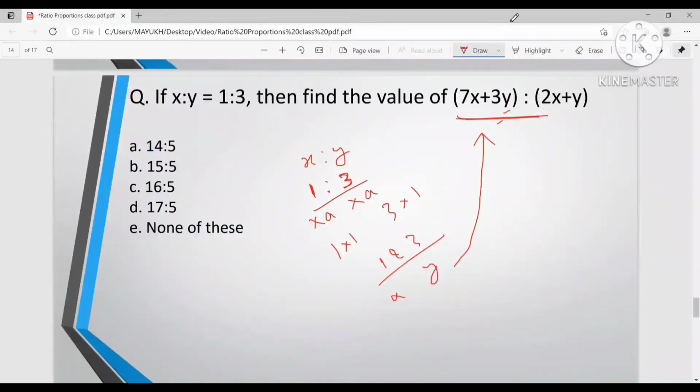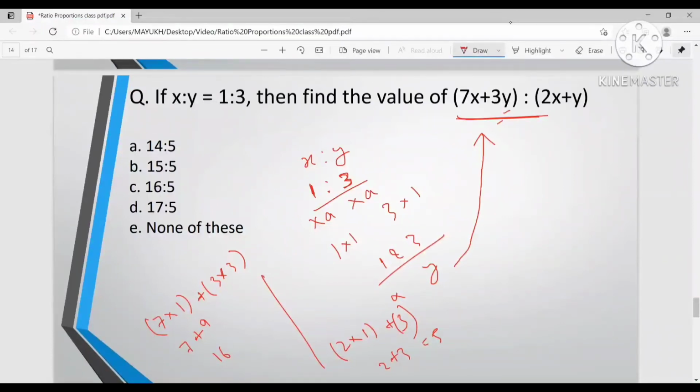What I get is 7 into the value of x, that is 1, plus 3 into the value of y. 7 plus 9, that is 16, and on this side I get 2 into 1 plus 3, that is 2 plus 3, that is 5.